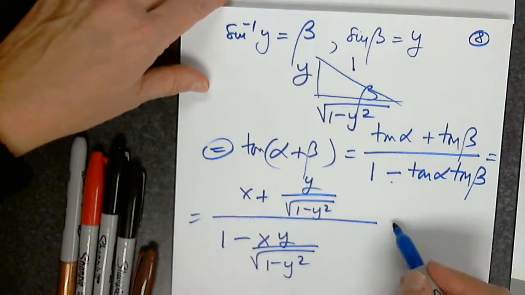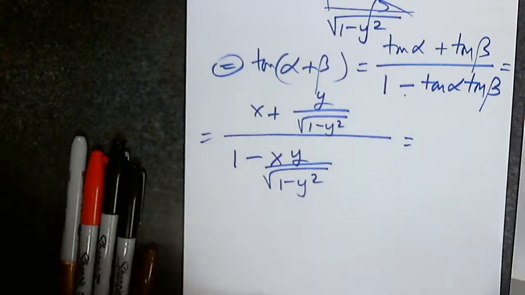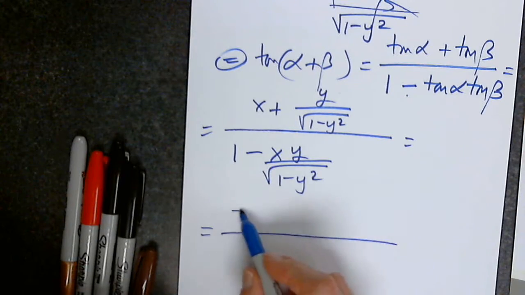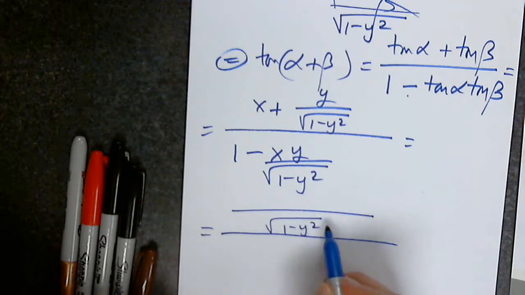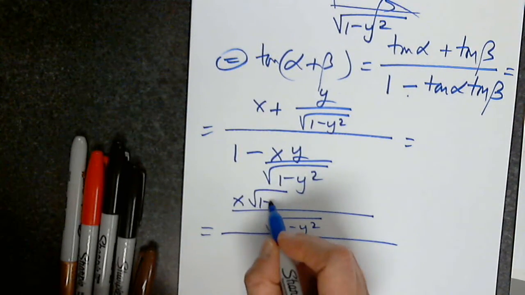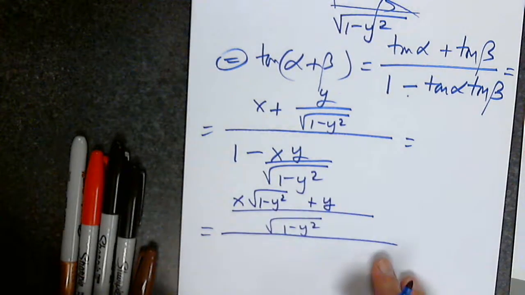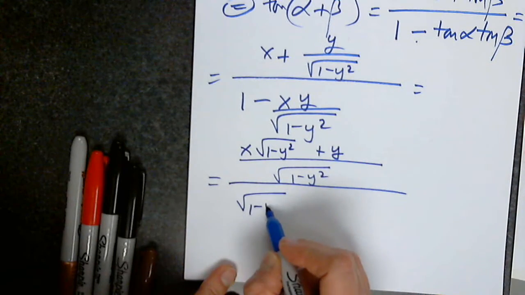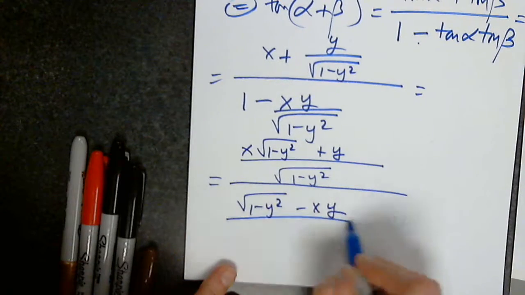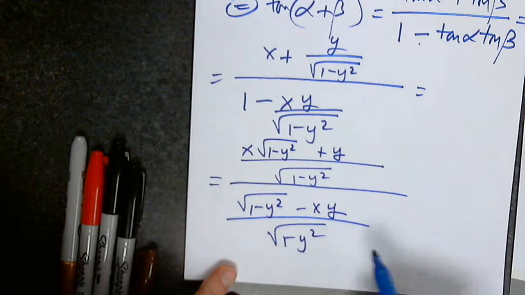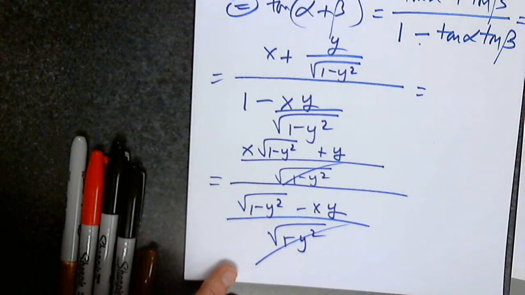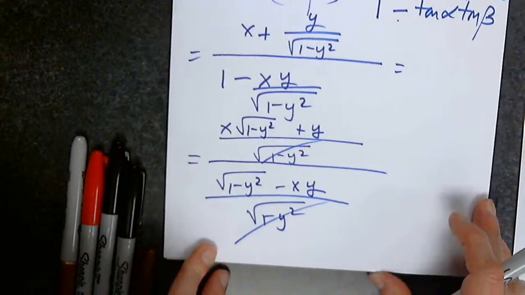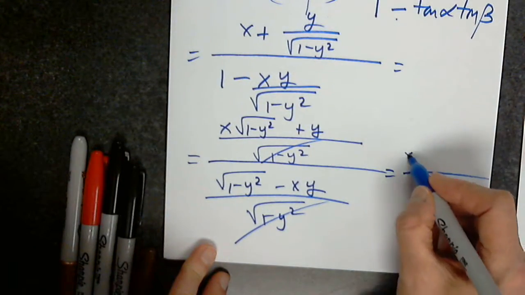I will find the least common denominator in the numerator. x times the square root of 1 minus y squared plus y, over the square root of 1 minus y squared, and this one is the square root of 1 minus y squared minus xy over the square root of 1 minus y squared. I don't like doing this because I have to show that I flip it, but I'm fine for now. You know what I mean.